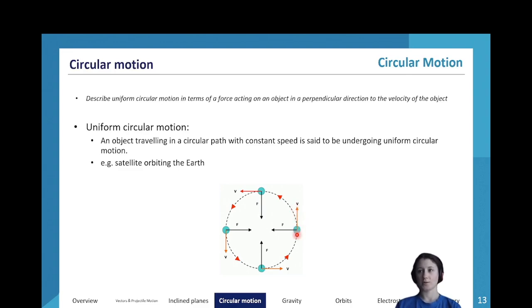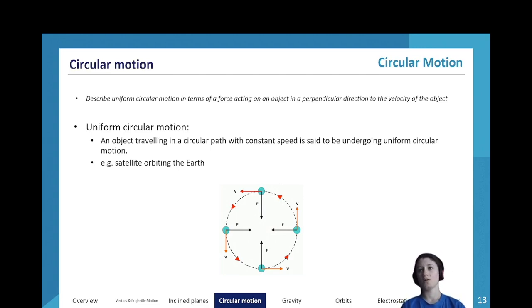So in other words, it has the same gradient or the same direction as the dotted line at that point, but then goes off in a different direction. The other thing you might notice is that the force is always acting inwards towards the center of motion.